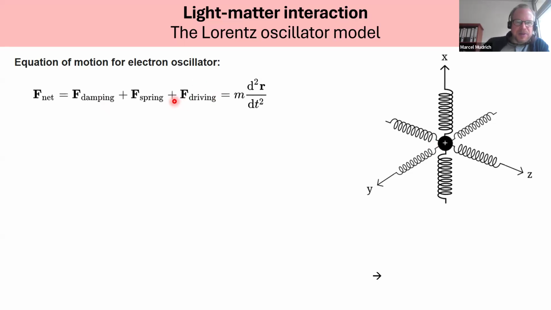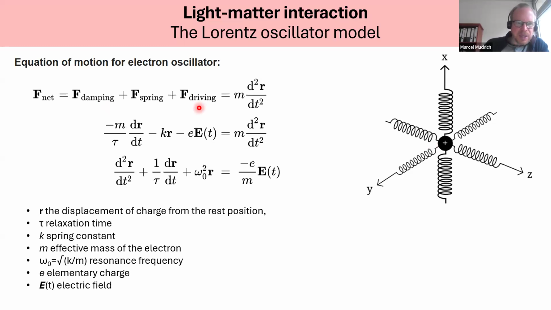And we have a driving force, which is supposed to be the electric field in the electromagnetic wave that we shine on this charge. So we plug in charge times electric field for the driving force. We have the linear term for the spring constant times the elongation as the spring force, and we have essentially 1 over the lifetime times the velocity as a damping force. So basically just a pure friction term.